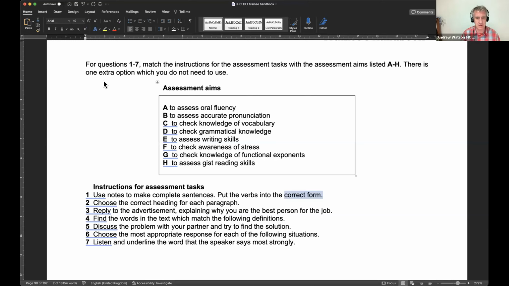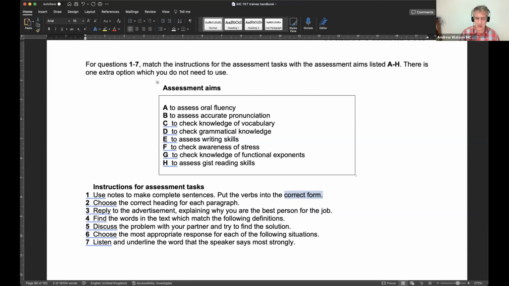3 is E. Writing skills. Correct. 4: find words in the text which match the definitions is vocab. Yeah. Correct. 5, problem.